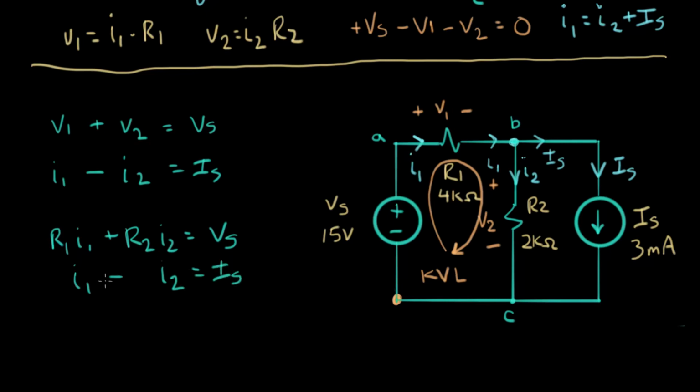The next step in the solution is going to be to figure out how to eliminate one of these currents. Now I think what I'll do is I'll eliminate I2, and I can do that if I multiply this equation by R2 and add these equations together. So let's do the multiplication by R2 first.